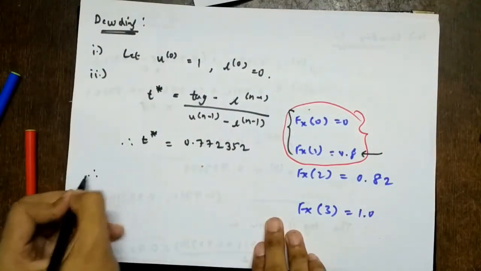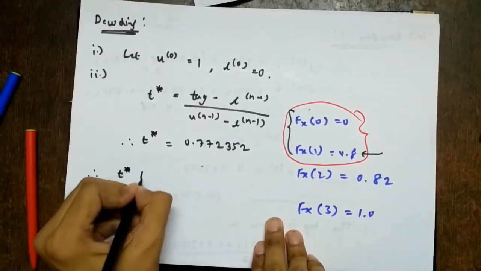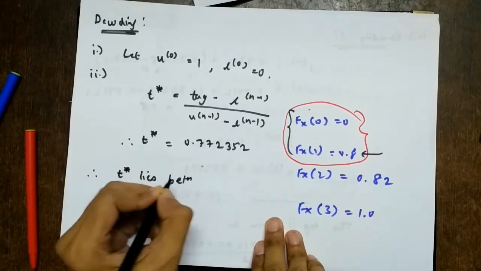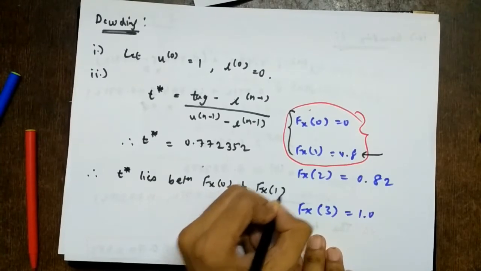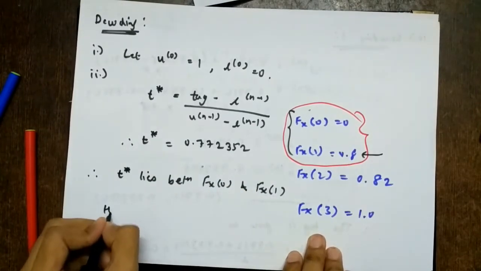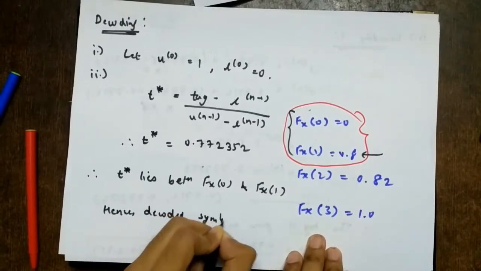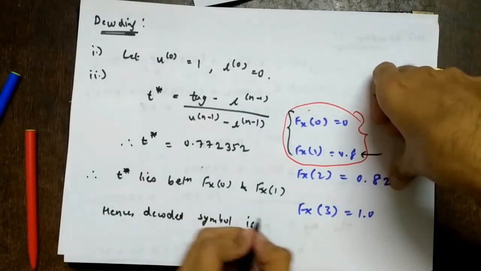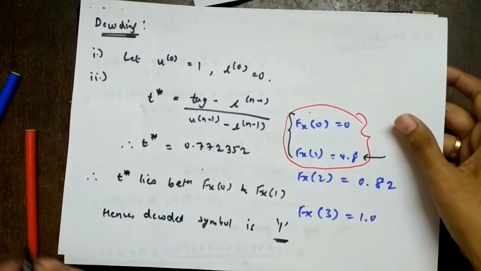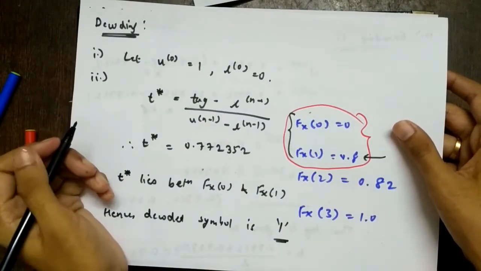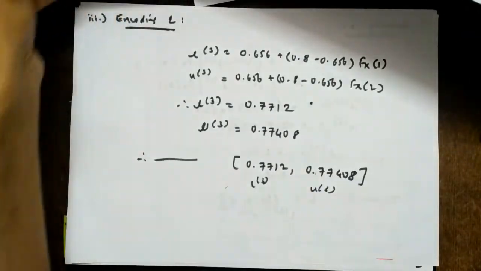So we say, therefore, T star lies between fx of 0 and fx of 1. Hence the decoded symbol is 1. So this is how we decode. If you have not understood, let's proceed further. Then you will understand in the next step, because the same procedure we have to repeat.